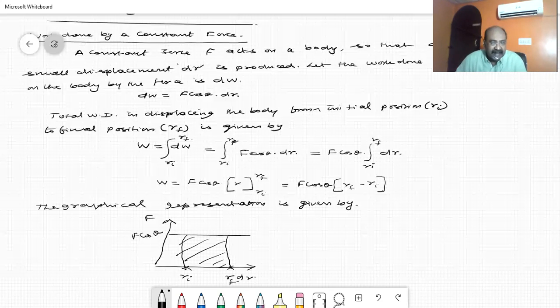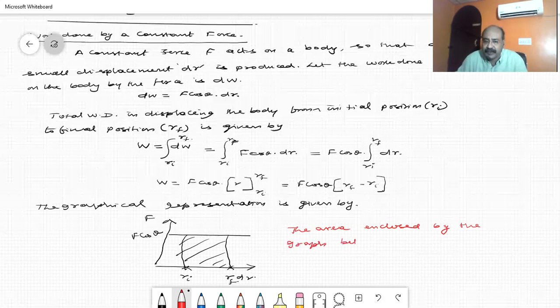So what's the conclusion? We can say the area enclosed by the graph between force F and dr gives the work done by the constant force.